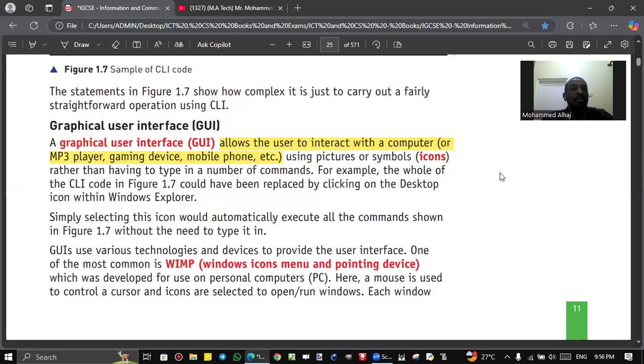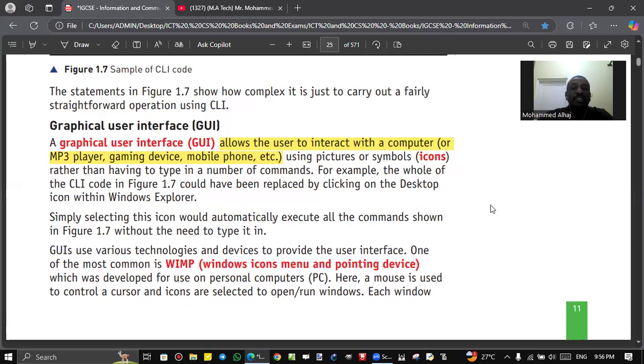The second type is graphical user interface. This interface allows the user to interact with computers, MP3 players, game devices and mobile phones using pictures and symbols, what we call icons.